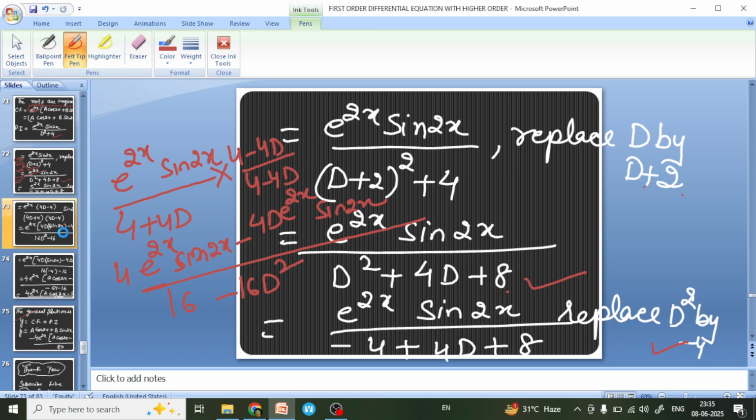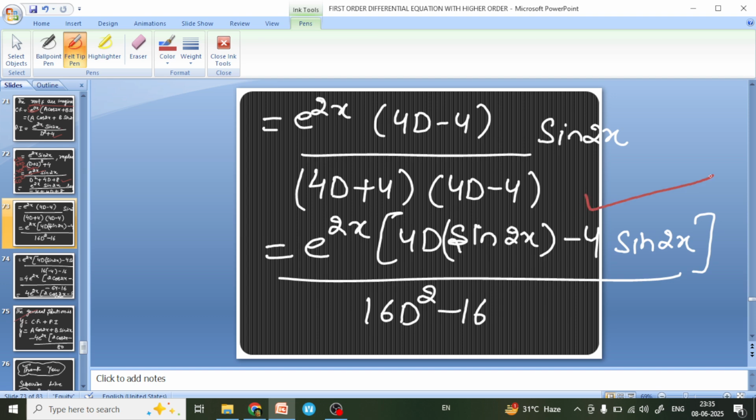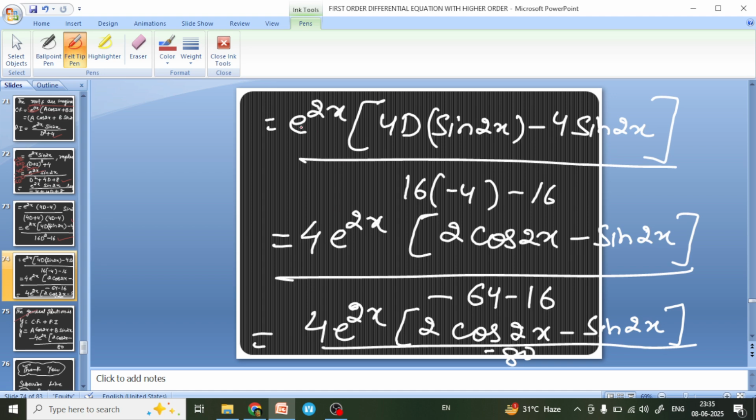That's why we will write here this format. You will find this, and after that you should implement e raised to 2x, 4D sine 2x minus 4 sine 2x over 16 into 4, plus 64, and we will find the denominator 80.